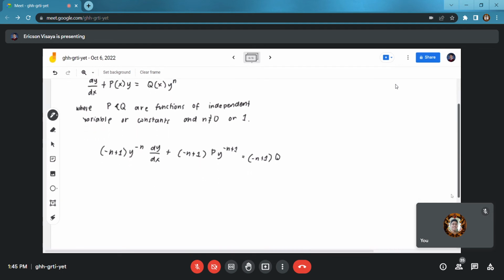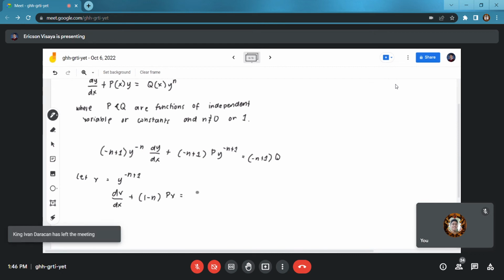Then after nito, magli-let tayo ng v natin. So, let v is equal to y raised to negative n plus 1. So, bali mare-reduce sa atin ang equation natin as dv over dx plus 1 minus n p v is equal to 1 minus n q of x.